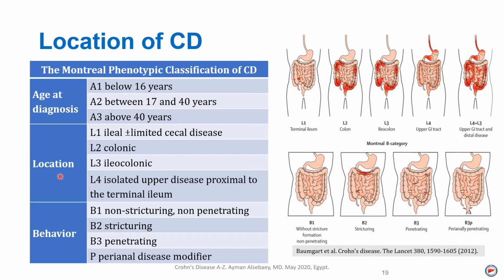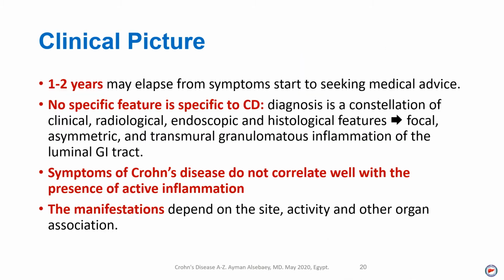The location of the disease, L1, L2, L3, and L4, we have said before. The behavior, okay? B1, non-stricturing, non-penetrating. B2, stricturing. B3, penetrating. And P accounts only for the presence of perianal disease. Okay? This is seen also in this diagram.